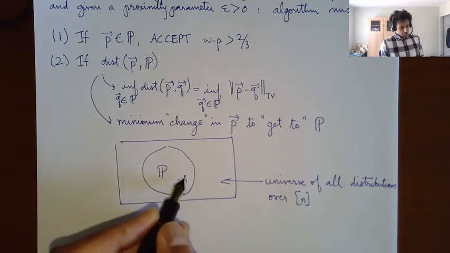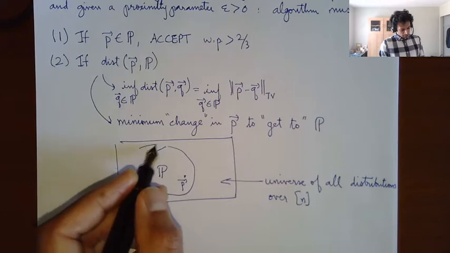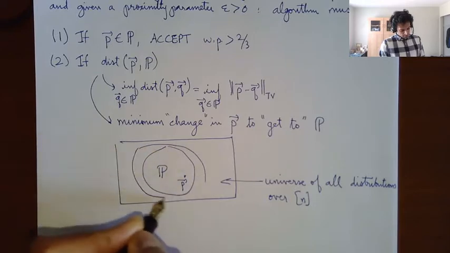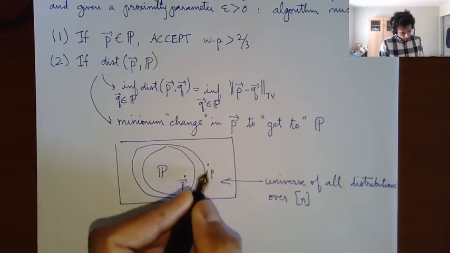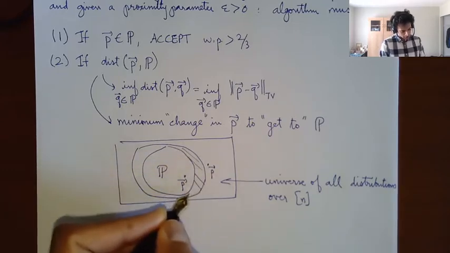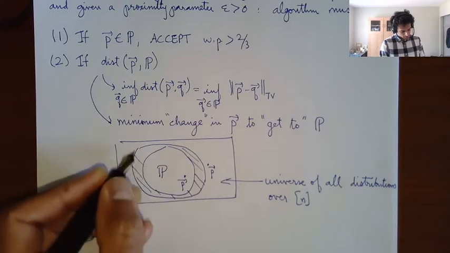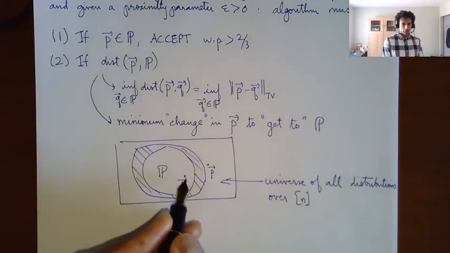What we're saying is distinguish whether it's inside versus it being sufficiently far outside. So there's going to be this sort of gray region in the middle. So we just need to distinguish here to here.